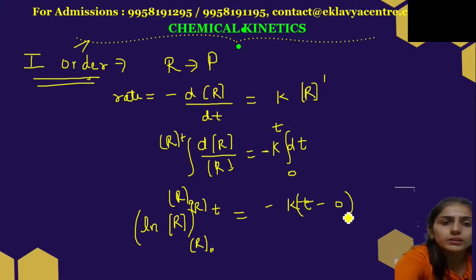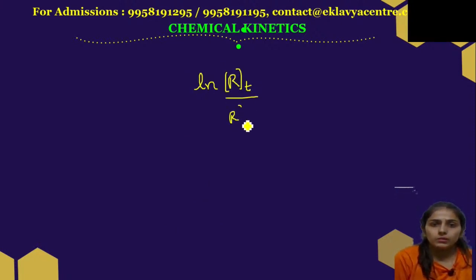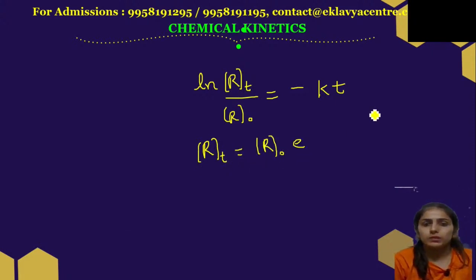So now on putting the values, you will get ln of Rt upon R naught is equal to minus Kt. Yes, minus Kt, or we can also write it as Rt is equal to R naught e to the power minus Kt.